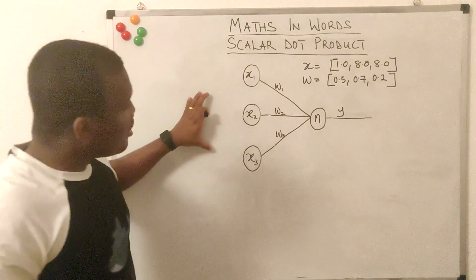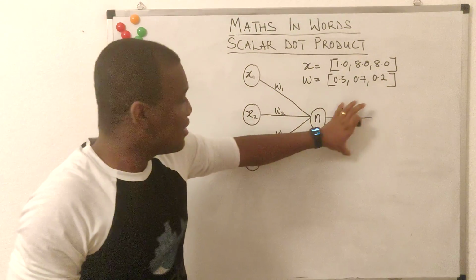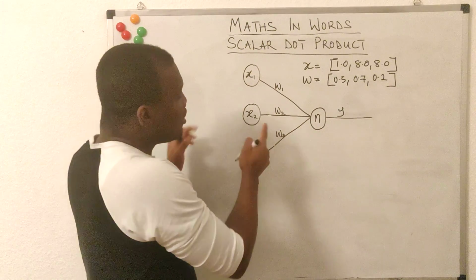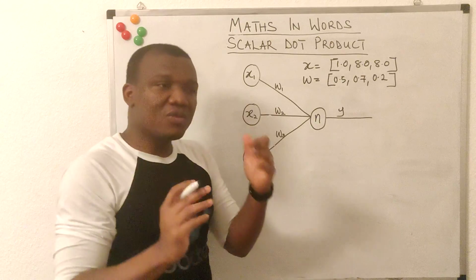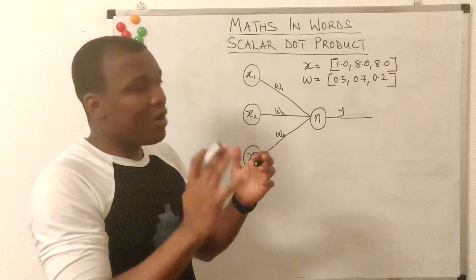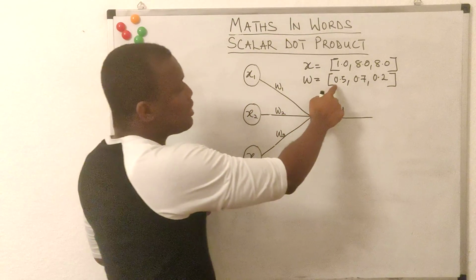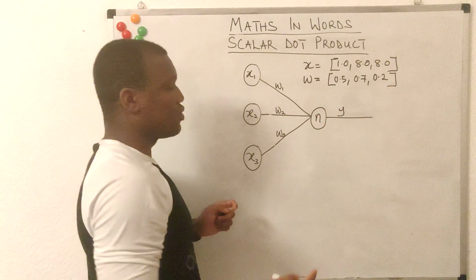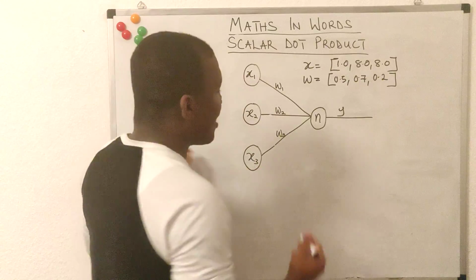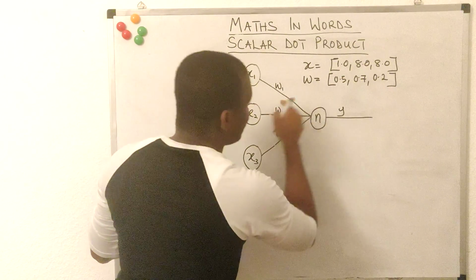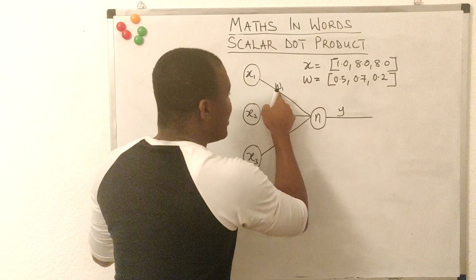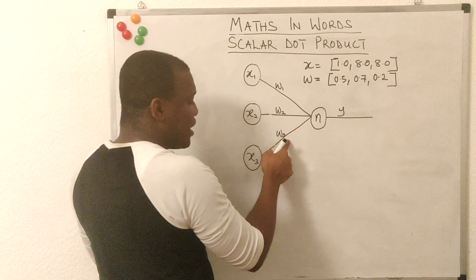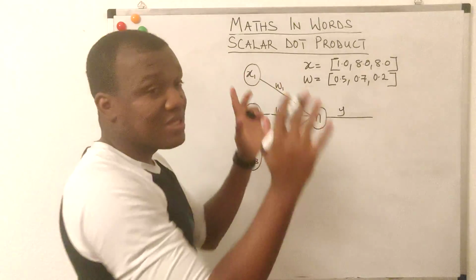What is going to happen internally in the neuron is that the neuron is going to do what is called a weighted sum. A weighted sum simply means that you multiply each weight by the given feature and then you sum the result.